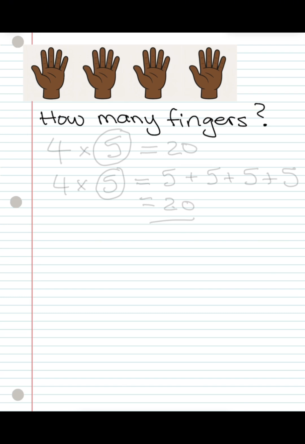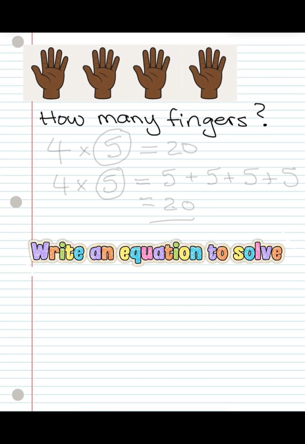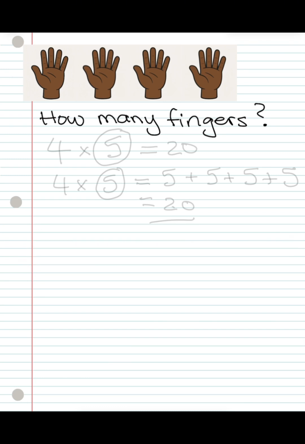And if you just were to say 20, let's say you just wrote 20, you're probably going to get that either wrong or some points taken off, because what they really want is they want you to write an equation for this to solve this problem, not just writing the answer. So they want to see that you understand the concept of an equation and what you're really doing here to find the total number.